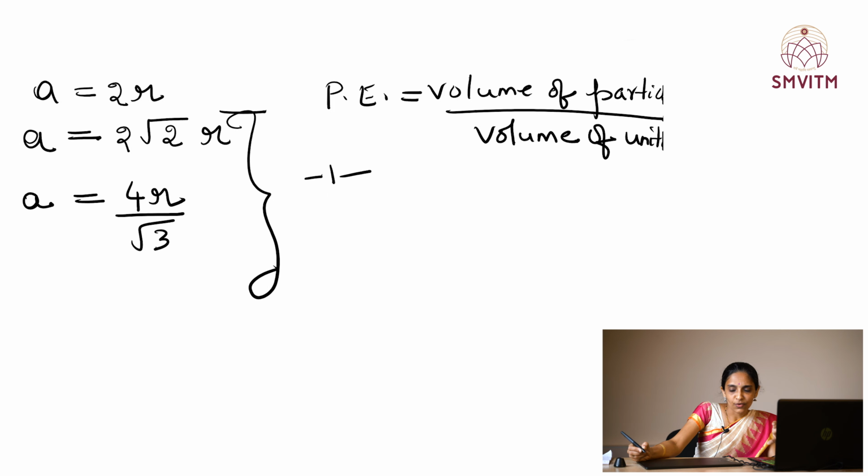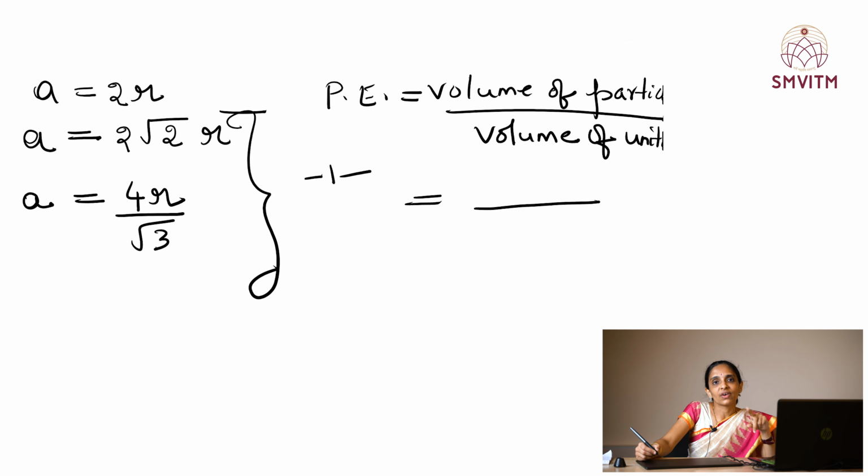You have to write this formula, and then do the appropriate substitution by knowing the value of A, which you have already derived. So, this much carries another 1 mark. Till here, if you do, you get 2 marks.